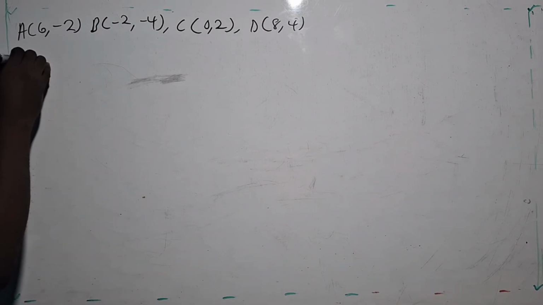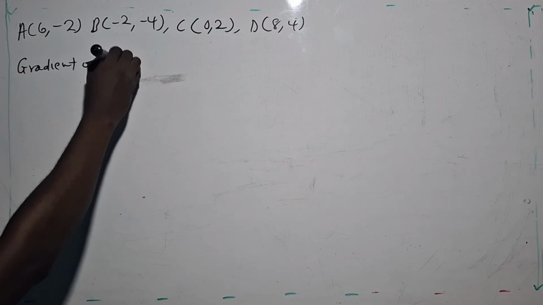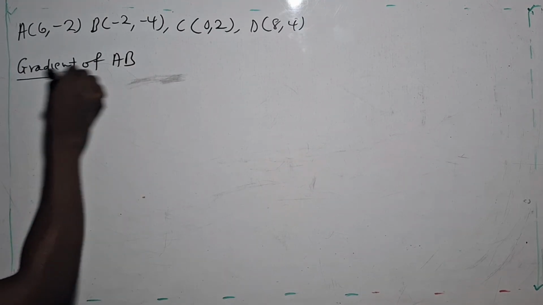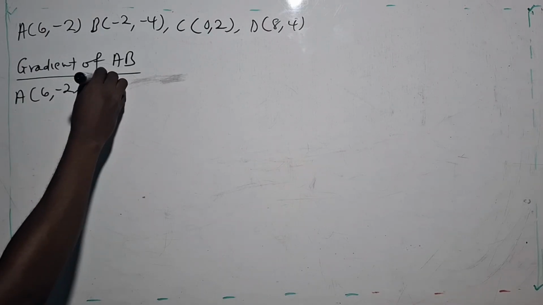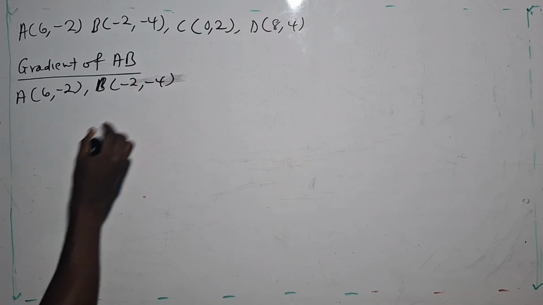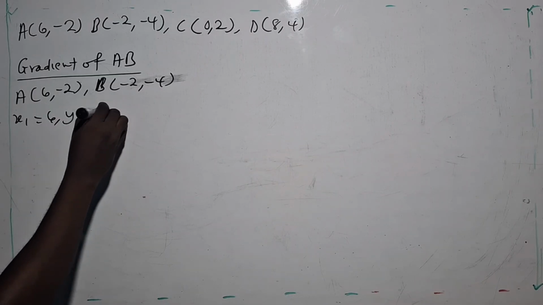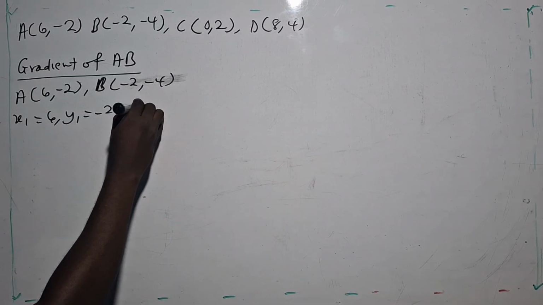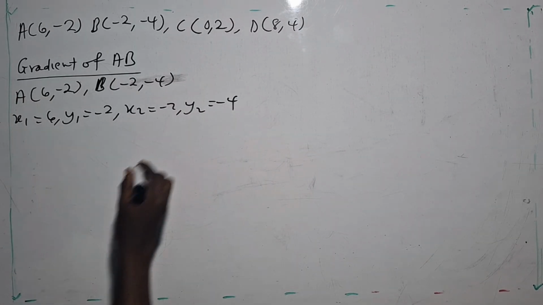So we have to find the gradient of AB. My A is (6, negative 2) and my B is (negative 2, negative 4). So x1 is 6, y1 is negative 2, x2 is negative 2, y2 is negative 4.